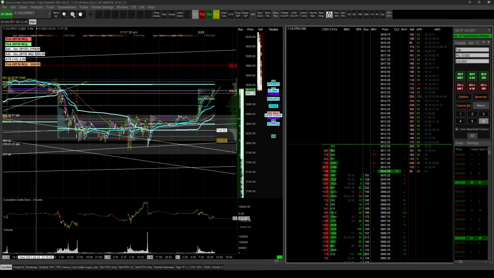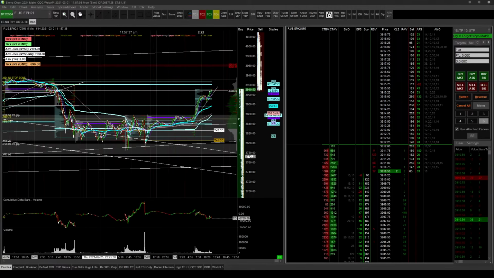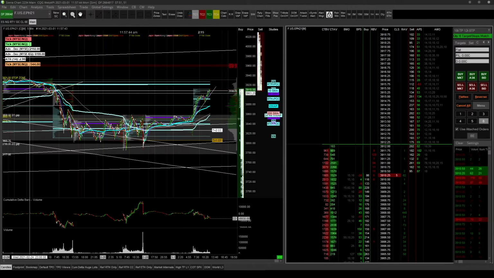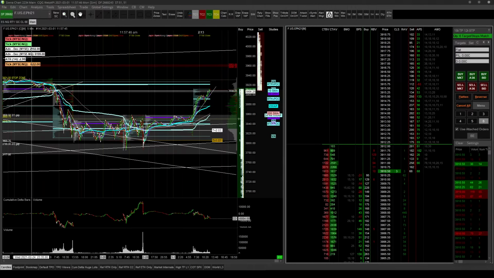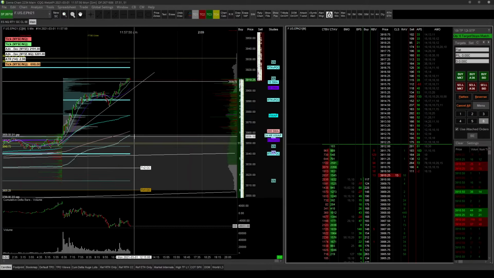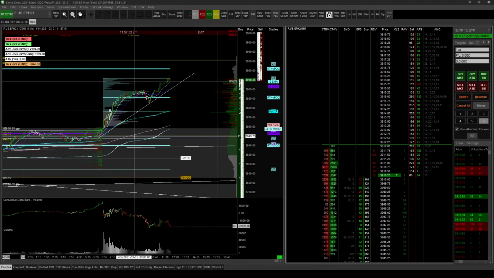So a pullback even to 3,900 wouldn't shock me, right? But again, on a day like today, I'm not stepping in front right now. I'm just not. We'll see if the tide starts to shift, and I say tide, I mean trend.